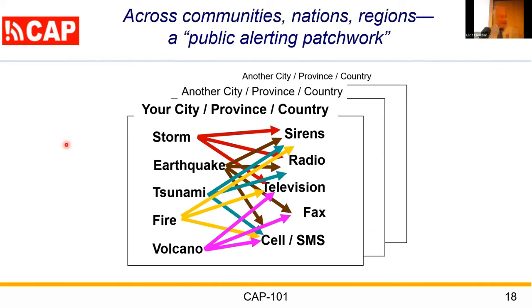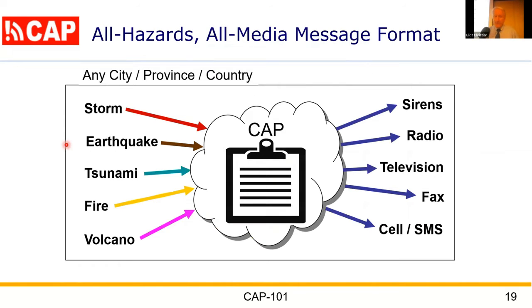Without the CAP standard, it's just impossible to achieve an all hazards, all media, public alerting on any sort of broad scale. So CAP took us beyond this crazy patchwork. With CAP, we have simple tools that can be used to get emergency alerts to affected people wherever they are, whatever they're doing.